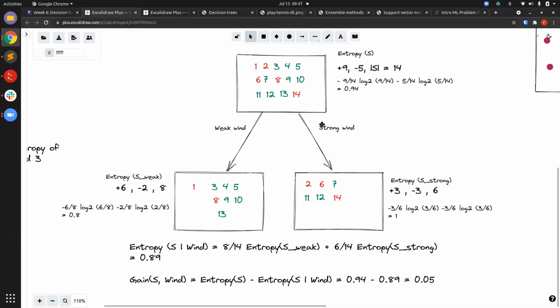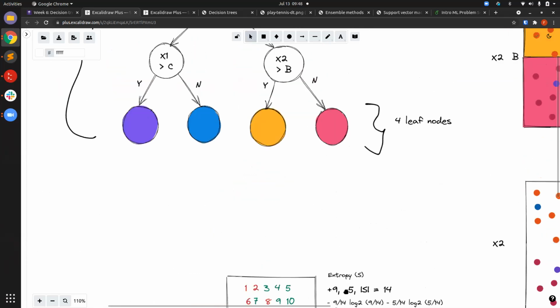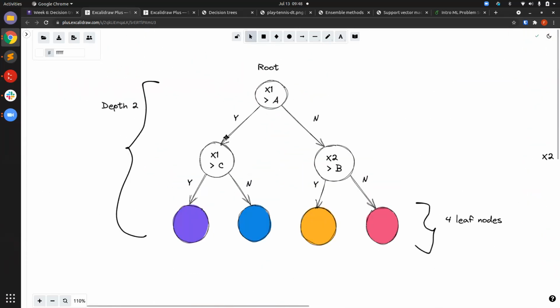Now, one nice advantage of the decision tree is that the inference time is pretty fast. The inference time is in proportion to the depth of the tree. So if you have a new sample and you want to classify it, you just have to follow the tree through every branch. If the tree is depth 2, you need to do 2 comparisons. So the inference time grows with the depth of the tree. Generally, if you let the decision tree grow until there is no impurity anymore, so until it exactly classifies every training sample, you'll have a very deep tree.